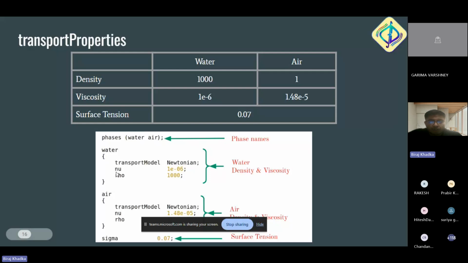Also the nu is 10 to the power minus 6, and the density is 1000. For the air, similarly, its properties like viscosity and density are defined, and sigma is the surface tension. Between the air and water, the surface tension is 0.07.